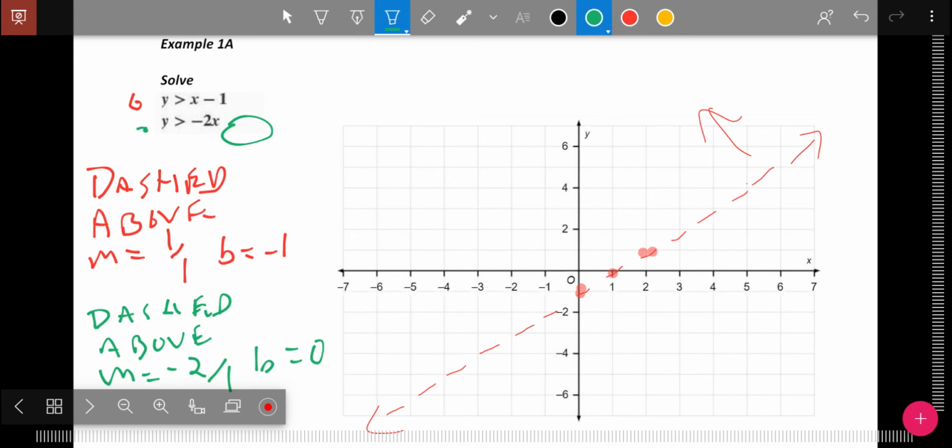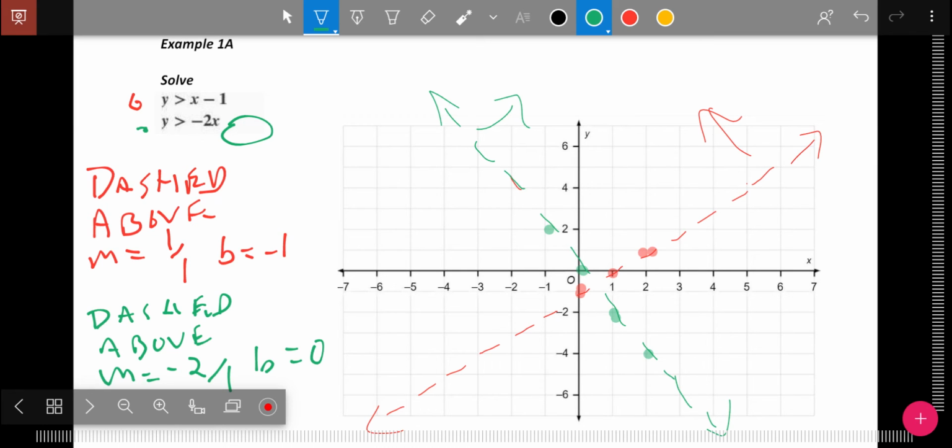So I'm going to start at 0 and go down 2 over 1, same as going back up 1. Let me make sure it's green. Put a dashed line in there, and I'm going to shade above, so it's that way.